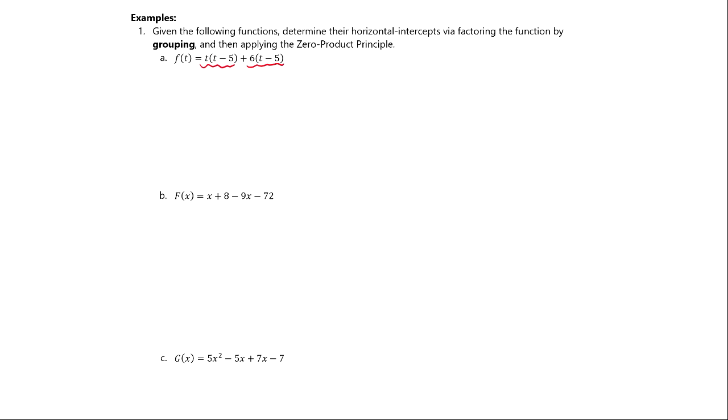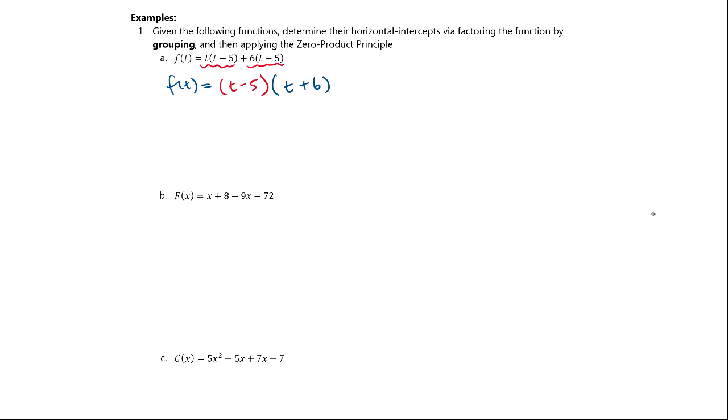two expressions. By doing this, we can say this f of t is really equal to, if we factored out t minus 5 first, from the first part of the expression I would be left with t, and from the second term over here, I would be left with positive 6.